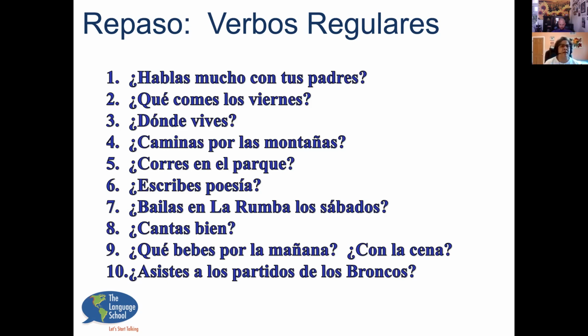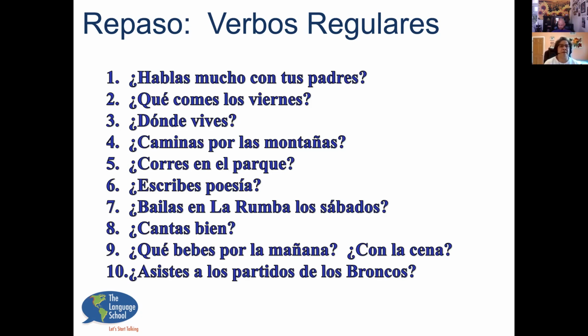¿Hablas mucho con tus padres? No, no hablo mucho con mis padres. ¿Qué comes los viernes? Como pizza los viernes. ¿Dónde vives? Vivo en Illinois. ¿Caminas por las montañas?